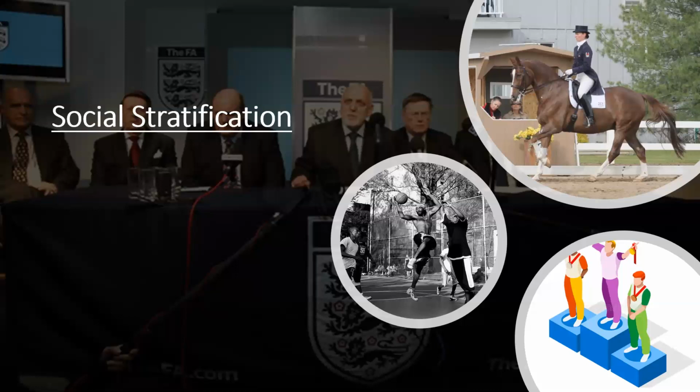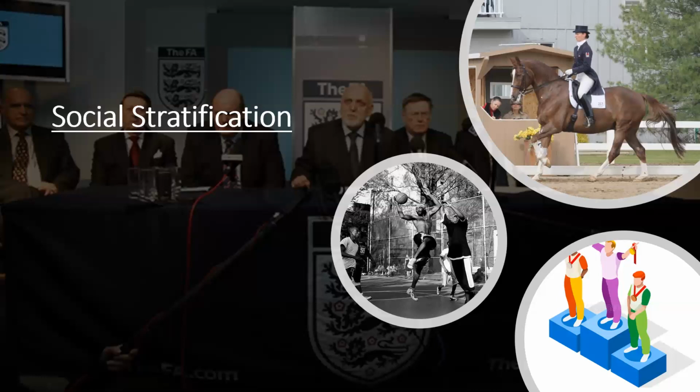The second point is that the reality is that things like disposable income and social class can have a significant impact on the sorts of sports that you might participate in, whether that's to do with facilities or equipment. You can see a couple of examples that I've put on here.